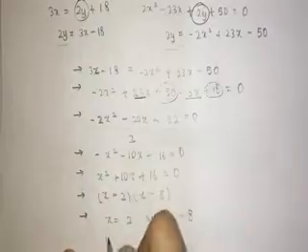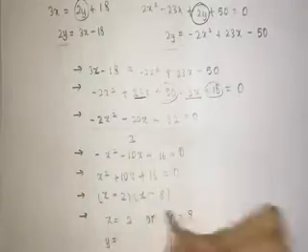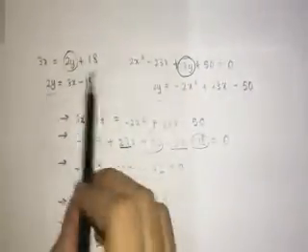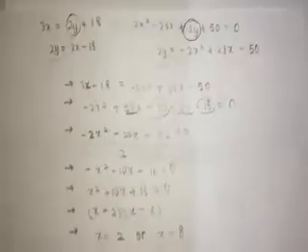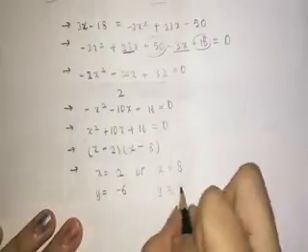Now we can find our y by putting this 2 into this formula, which gives us minus 6 for this one and 3 for this one.